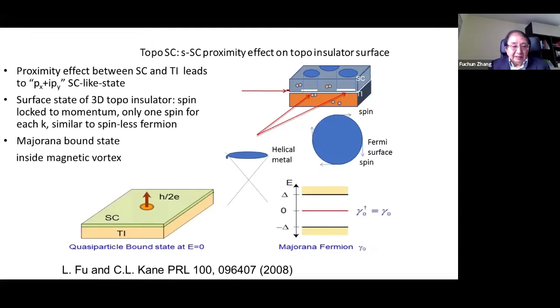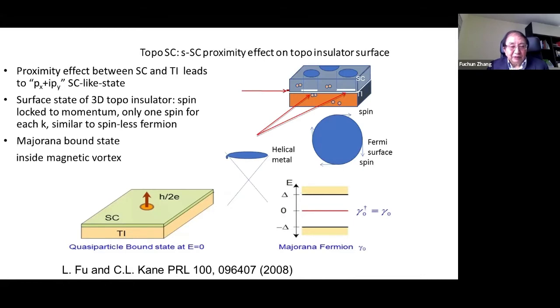So then a very interesting, important paper was given by Liang Fu and Charlie Kane in 2008. What they proposed is that although you don't have chiral P wave, you consider such a system: I have a topological insulator on the bottom and a thin film superconductor, say S wave, on the top.